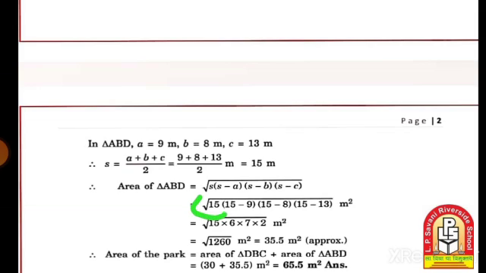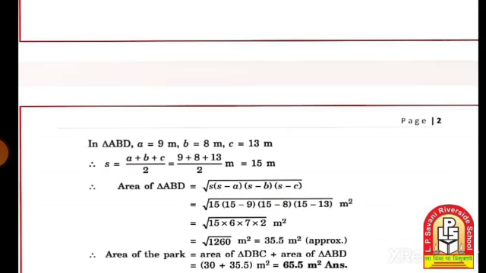So 15 into 15 minus A, 15 minus B, and 15 minus C. So 15 minus A, that is 6 meter. 15 minus B, that is 15 minus 8, that is 7 meter. And C, 15 minus 13, that is 2.